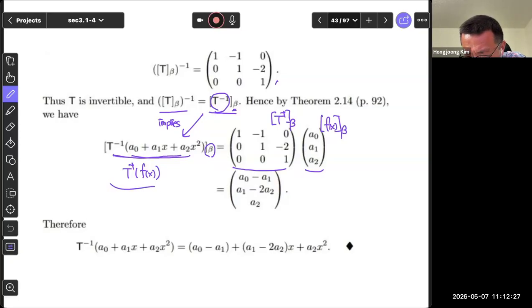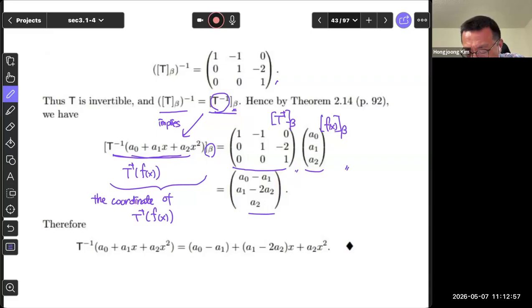This portion represents the coordinate, which can be found by multiplying this matrix representing T inverse by the coordinate of f of x. So that will be this.